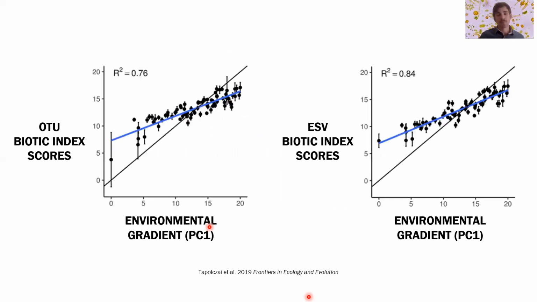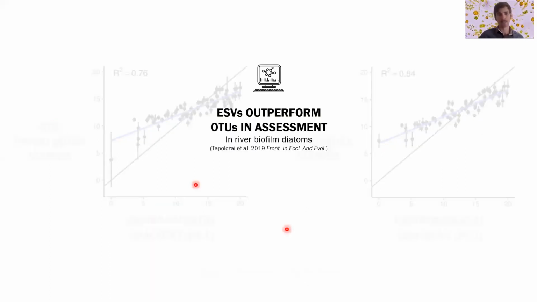So what does grouping do for assessment? One research group looked at assessments using OTUs versus assessments using ESVs relative to an environmental gradient, and found that there was a stronger correlation between ESV assessments and the environmental gradient than the OTU assessments, suggesting that ESVs outperform OTUs in assessment in river biofilm diatoms.